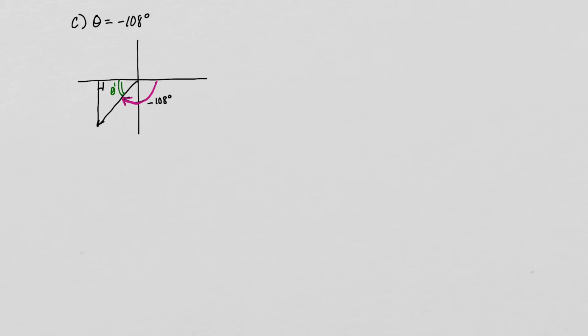If the angle is negative, you go the other direction. So we're going to take 180 minus 108 to figure out what we have left there. So 180 degrees minus 108 degrees gives us 72 degrees, that reference angle.